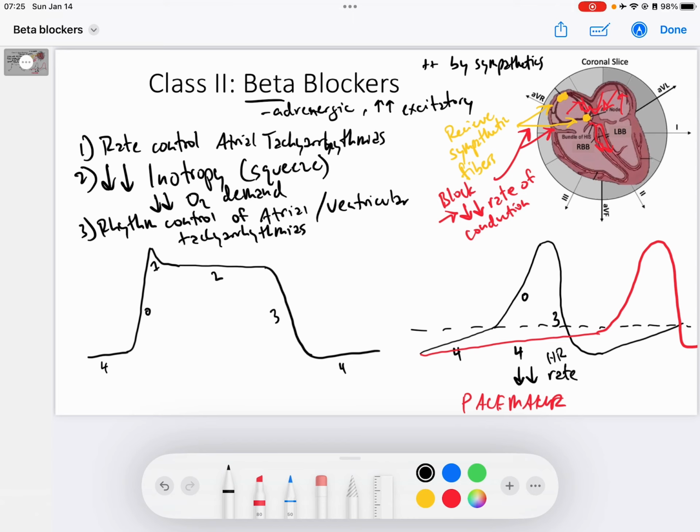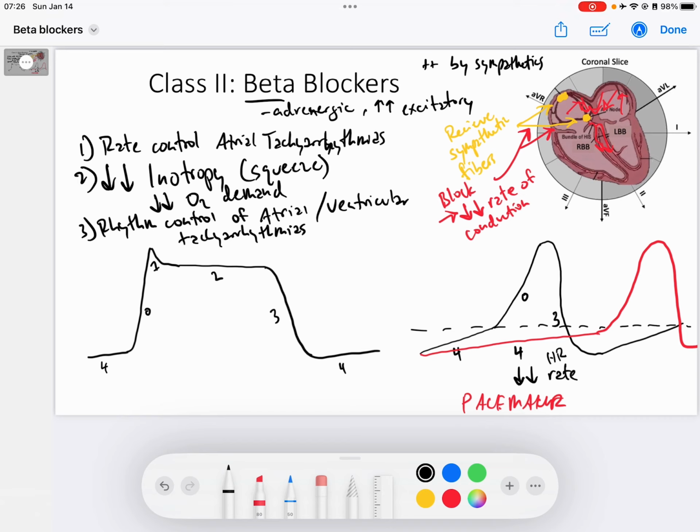So what are some examples of beta blockers? Well, this is a very complex topic, and I'm not going to dive incredibly deep into all the different types of beta blockers, but you've got all sorts of beta receptors.